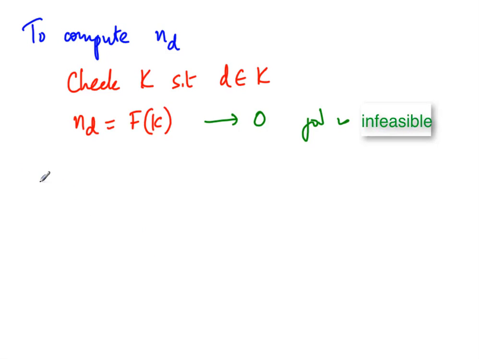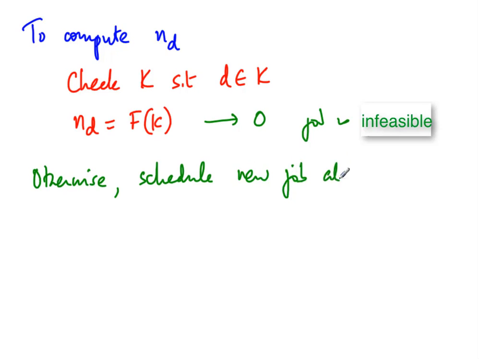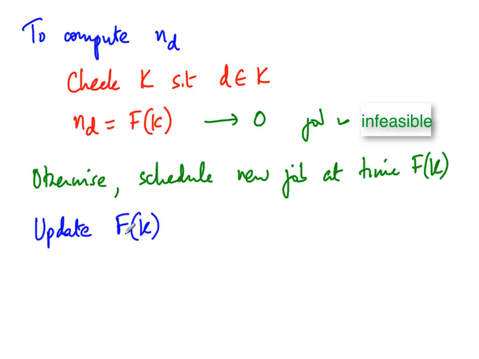Okay. Otherwise, we can schedule the new job at time f(k), at the slot f(k), right? And now we have to update f(k). Now what is the new value of f(k)?